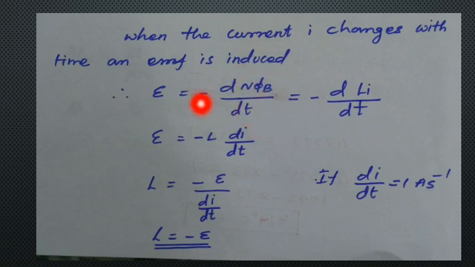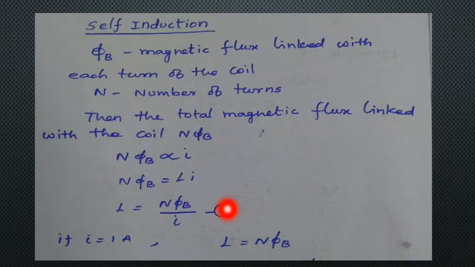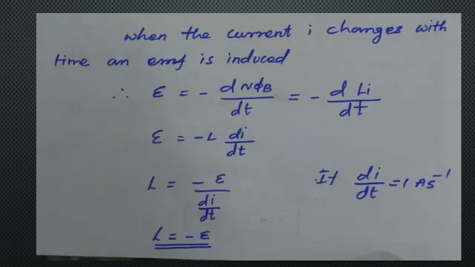The minus sign is there to oppose the current flowing. According to self-induction, nφ is equal to L I. Therefore e = minus d/dt (L I), and taking L to this side, e = minus L dI/dt.